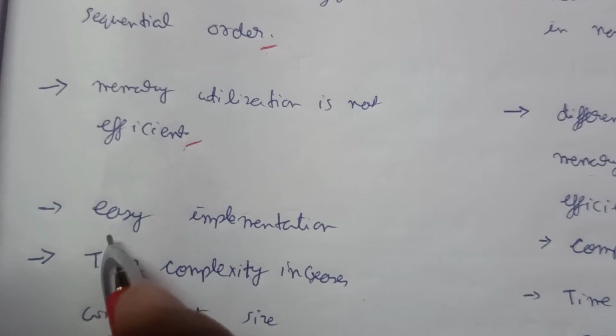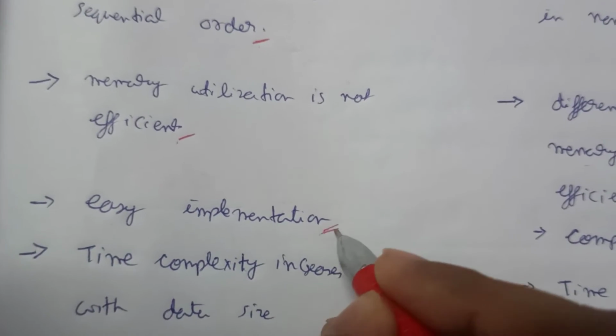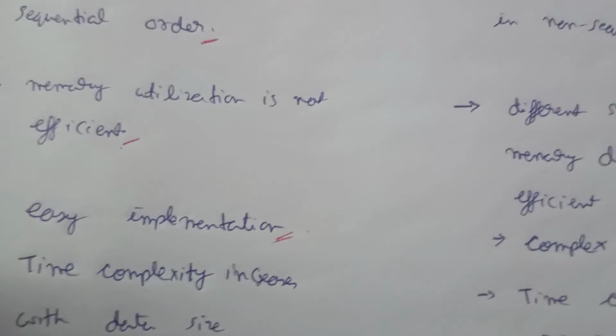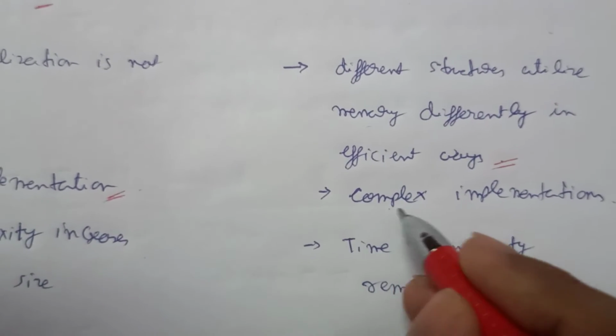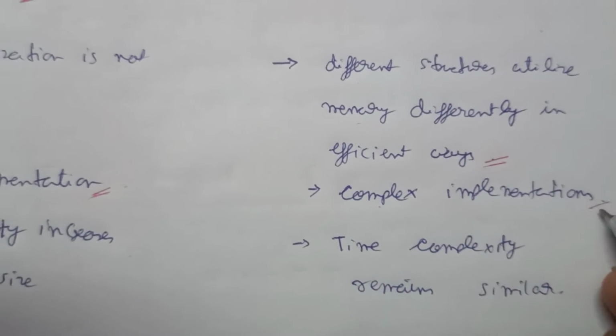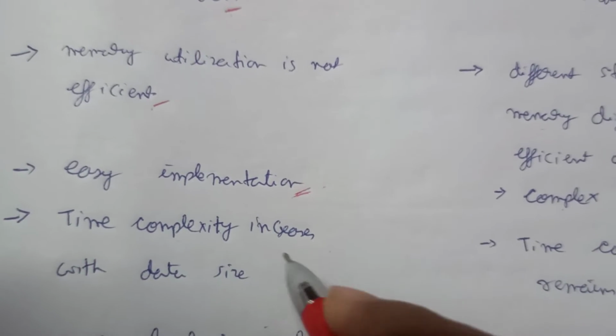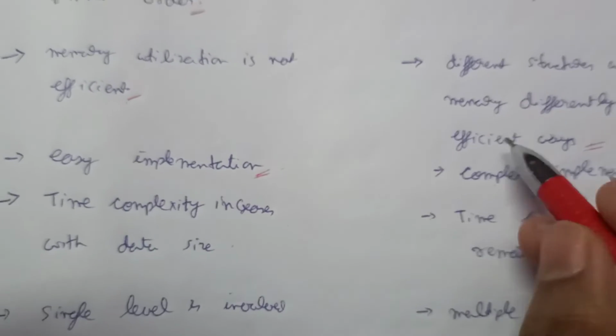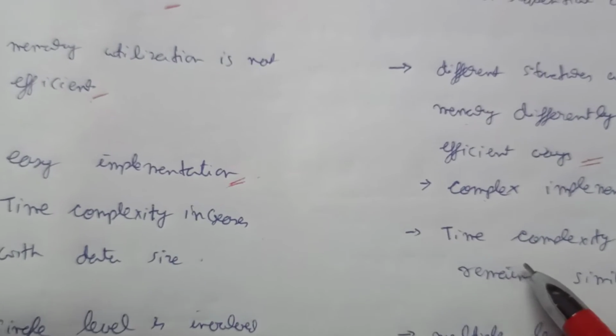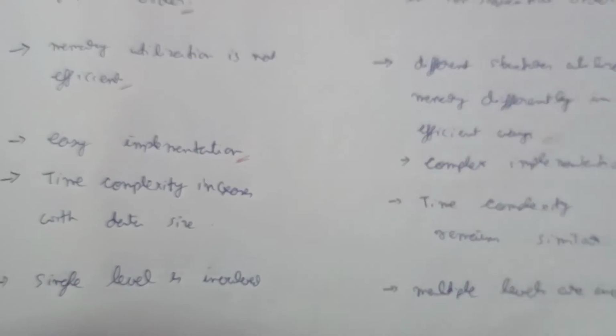Also linear data structures are easy to implement. These are kind of simple, but there are complex implementations for non-linear data structures. Also the time complexity increases with the data size for linear data structures, but for non-linear data structures the time complexity remains similar.